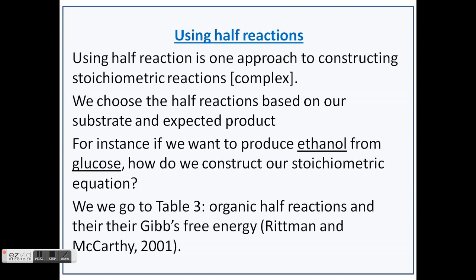An example would be when oxygen is not the electron acceptor, where you have things like nitrate or sulfate as the electron acceptor. Sometimes the reaction can be a little complex, or if you want to factor in microbial cell synthesis in your stoichiometric reaction, it can be a little bit complex. And so when you use the half reaction approach, it's a lot easier.